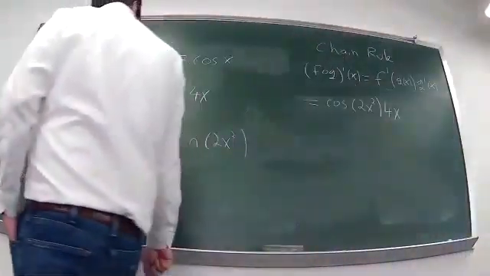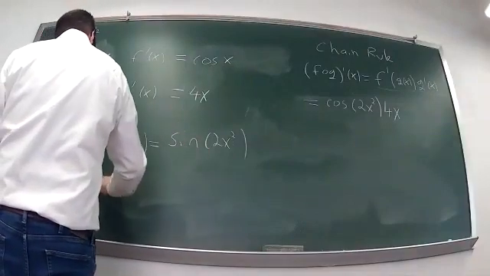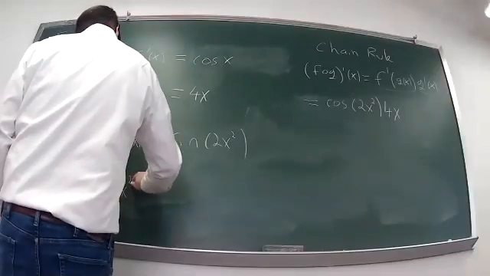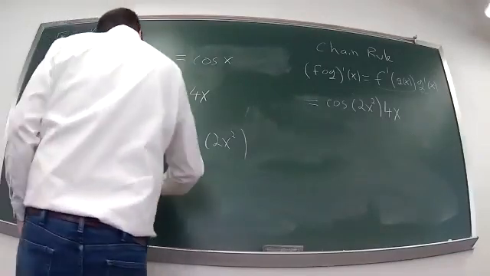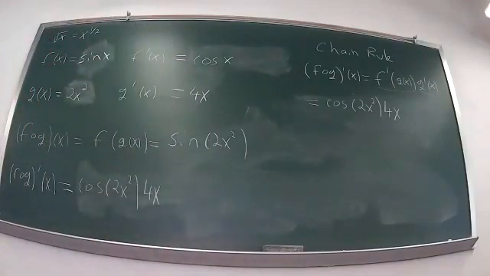So there's our answer. The derivative of sine of 2x squared is cosine of 2x squared times 4x.